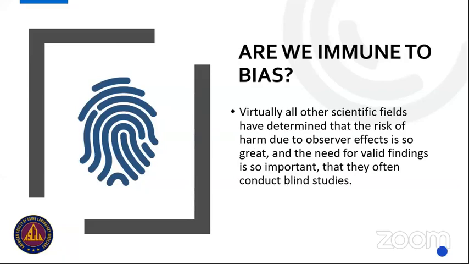This is borne out when we look at other scientific fields, as we talked about early on in our presentation today, that the fields of social science and psychology have looked at the impact of bias and what it is for decades. And virtually all other scientific fields have determined that the risk of harm due to observer effects is so great, combined with the need for valid findings being so important, that they often conduct blind studies.